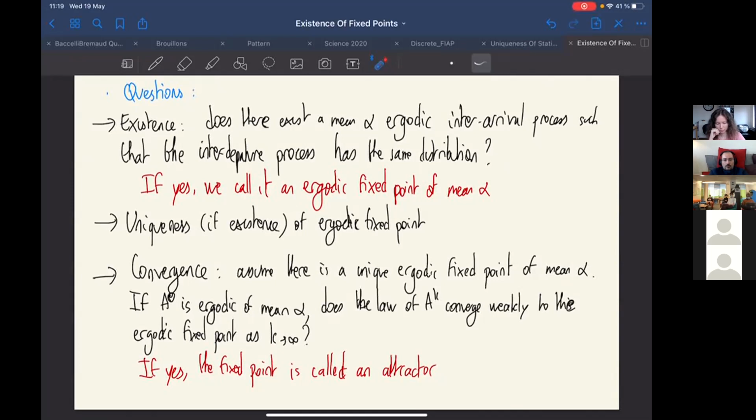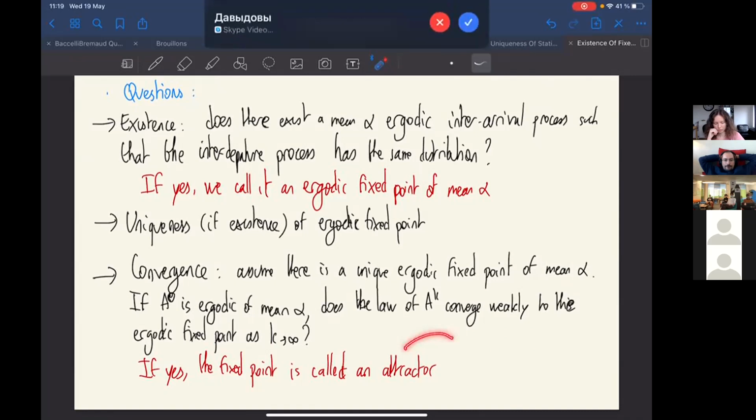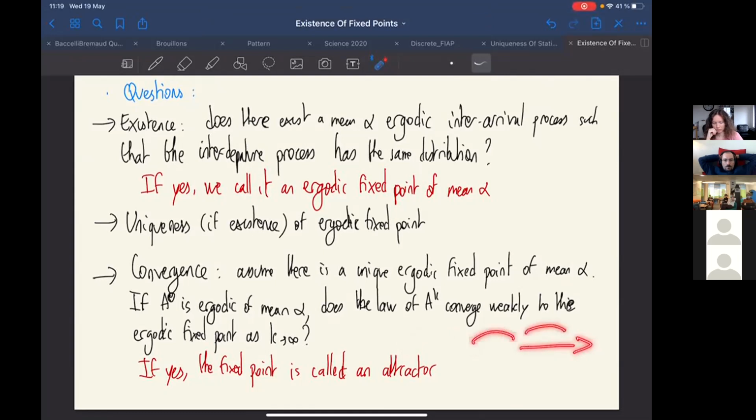So basically, is the fixed point distribution an attractor for the infinite tandem of queues? The idea is that as you go from queue to queue, if there's an ergodic fixed point, does the law of the kth queue converge to the fixed point as k goes to infinity? Okay. I hope this is clear.